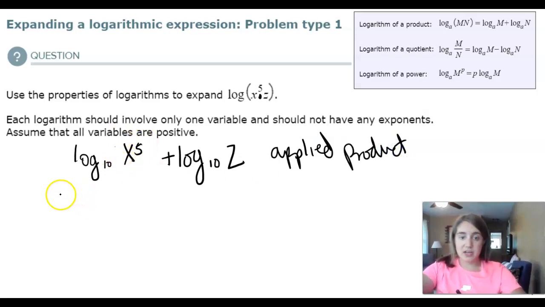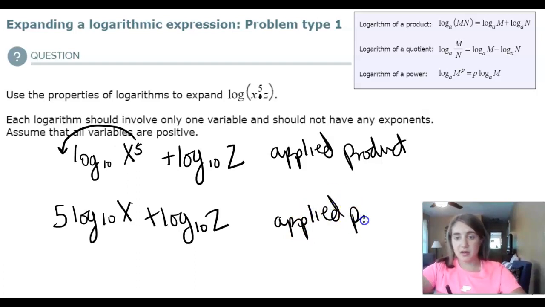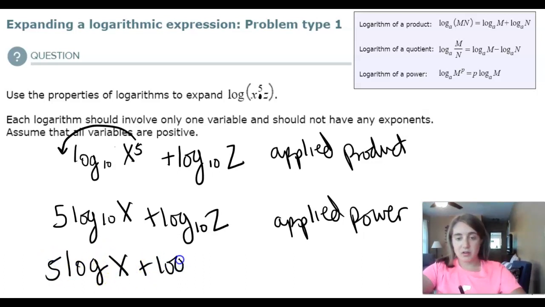Now I see here that I have a power. That power can come to the front. And I applied the power. And then I'm going to rewrite this without the 10 there, because we can assume that there's a 10.